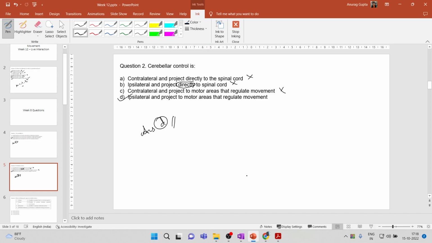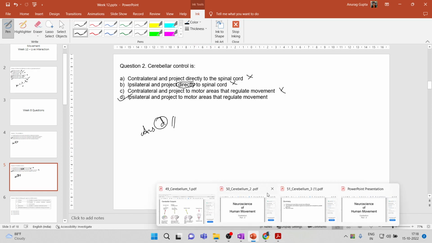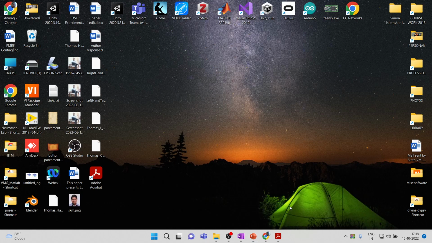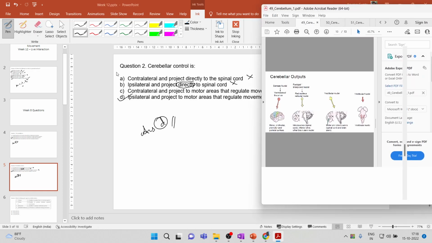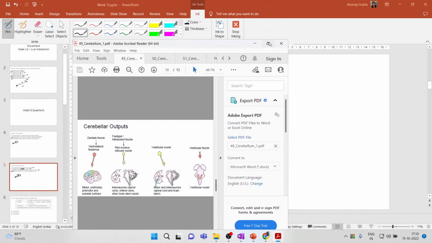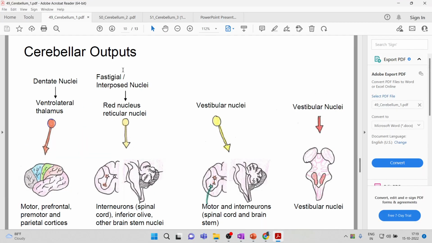So I'll just go through one particular slide I wanted to show. So we can see that these are the cerebellar outputs.